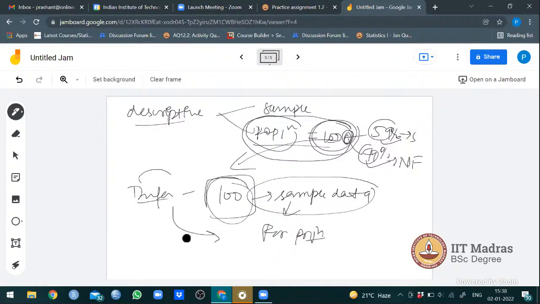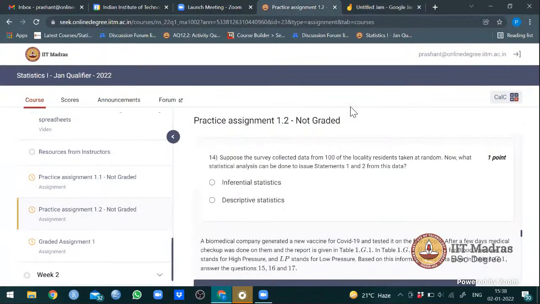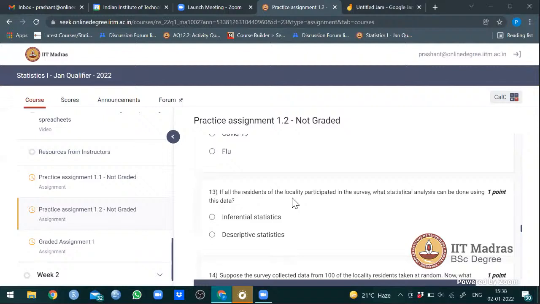So it will be inferential. You are not performing inferential statistics on a population. Descriptive considers the sample as well as the population. In that question, it's clearly mentioned that all the residents of the locality, meaning the whole population, participated in the survey, so it will be descriptive statistics. Okay. Okay, sir.